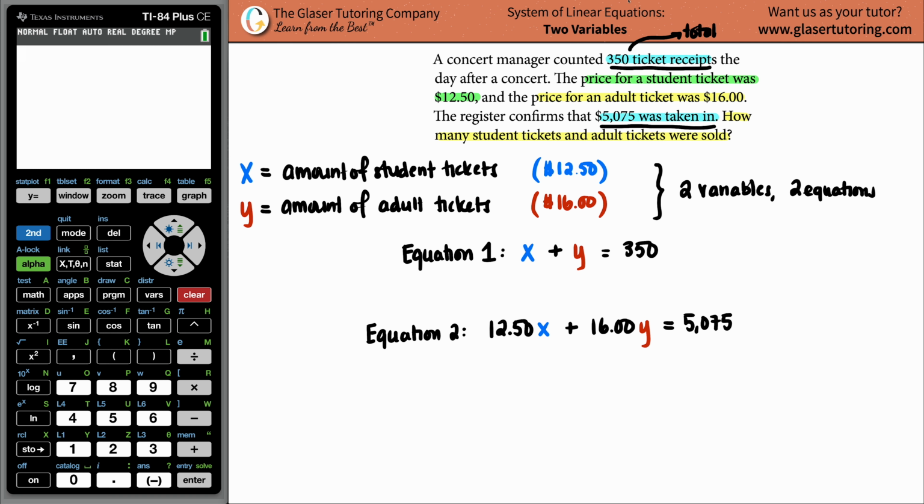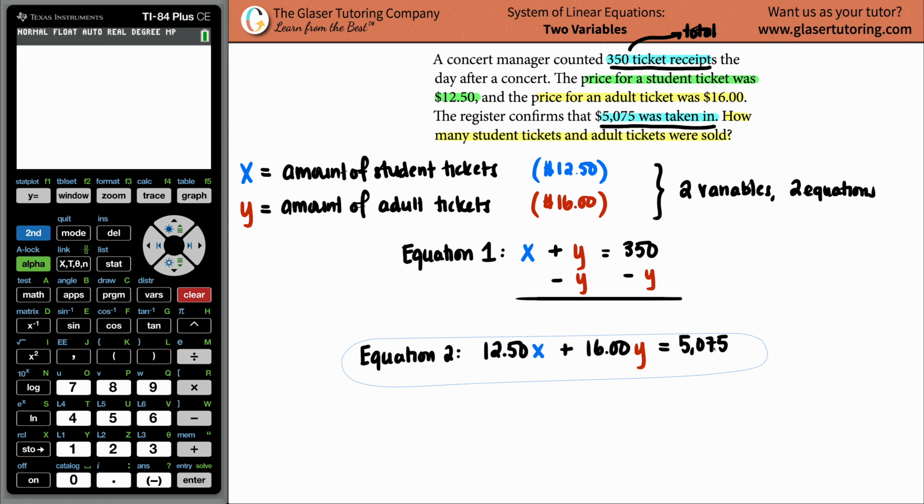Since x is stated first, let's just solve for that. So I'm going to subtract on both sides by y. And now we get a formula that says that x equals 350 minus y, because these will cancel out.